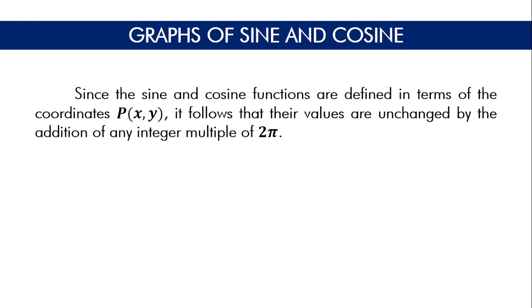If you remember our lesson about the unit circle, we identify the values of both the sine and the cosine using the coordinates x and y. In addition, any integer multiple of 2 pi just gives repeated values.